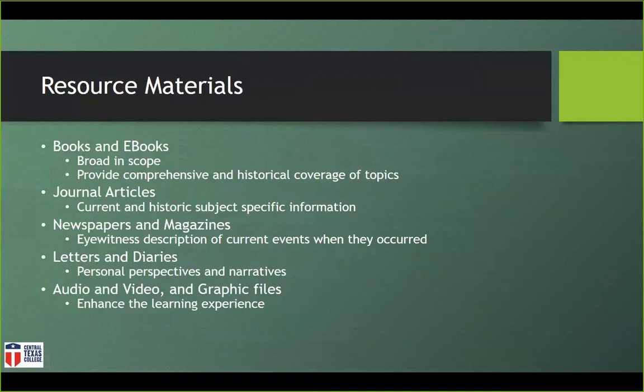Books and ebooks are broad in scope and provide comprehensive and historical coverage of topics. Journal articles give current and historic subject-specific information. Newspapers and magazines are eyewitness descriptions of events at the time they occurred. Letters and diaries provide personal perspectives and narratives. Audiovisual and graphic files enhance the learning experience.